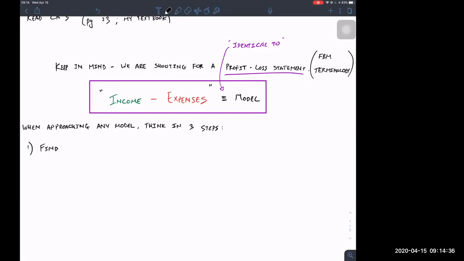I'm going to find or solve the components or pieces that make up the model.